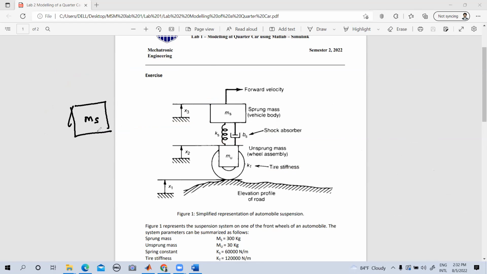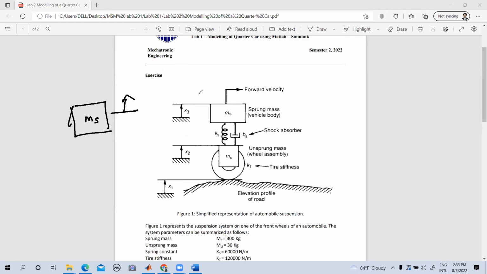You know that if you assume that x3 is going to be in this direction, we are considering an occasion where the forces are given by the springs, right?